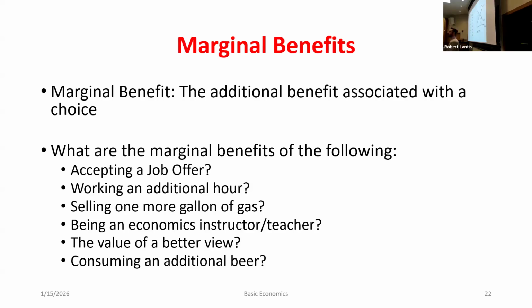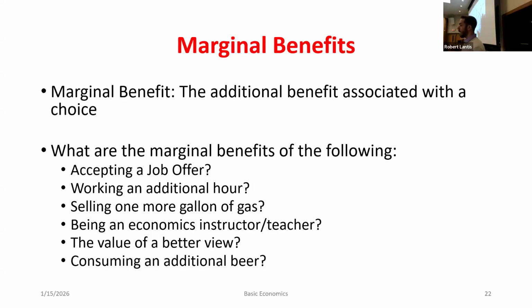The point where they're equal is where we know we'll stop. If they're equal, what's the net benefit of choosing to buy that good? Zero. So we would say, am I any better or worse off? No. So we say people are indifferent. They'll spend up to or use their time up to that point. We know they won't go past it because then the marginal benefits will become less than the marginal cost.